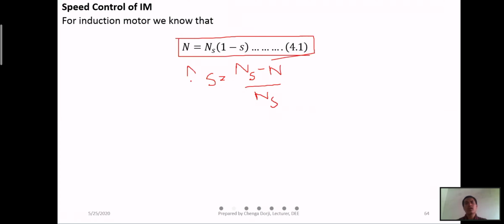So this is the slip, and from there you can get the motor speed.